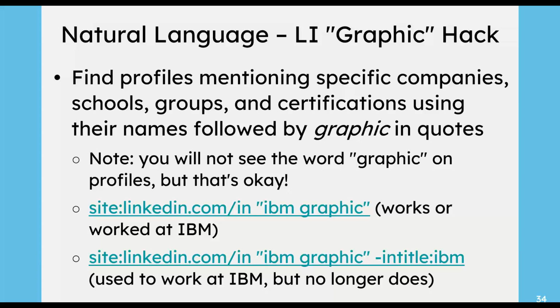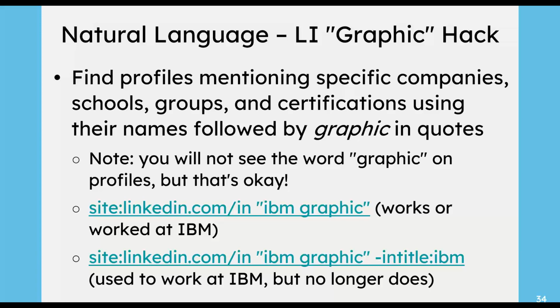Since we know this to be true, we can search for those logos or those images to be on the site as long as we include graphic at the end. So if we want to find pages that have the IBM company logo on them, we say IBM graphic. And that's mostly going to show up on people's profiles, right? Since we're searching LinkedIn public profiles, where do those company logos appear?